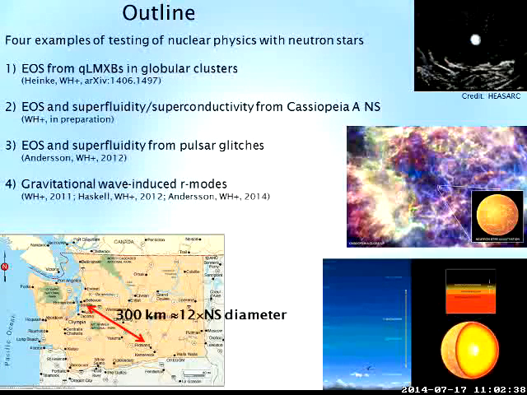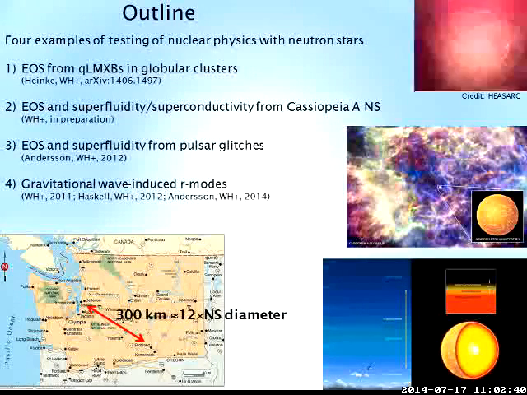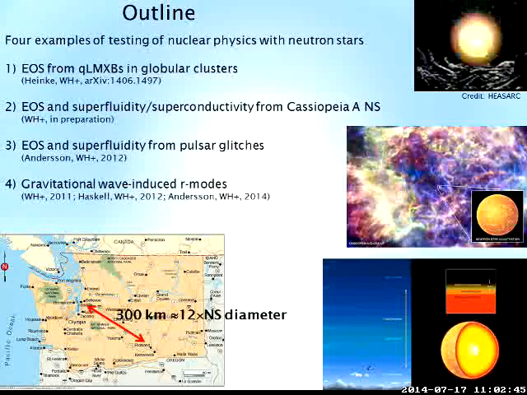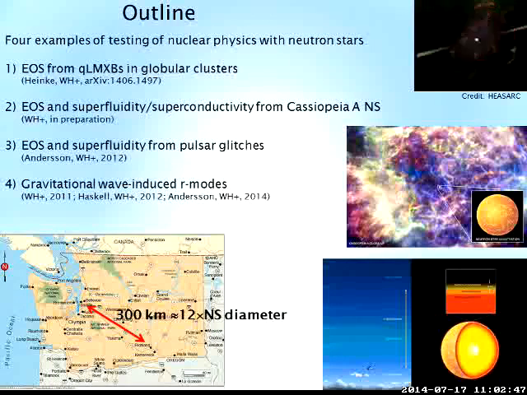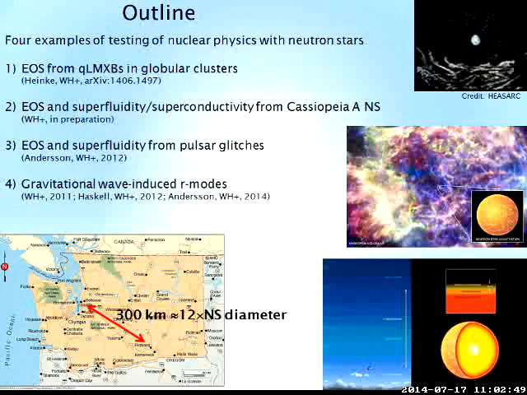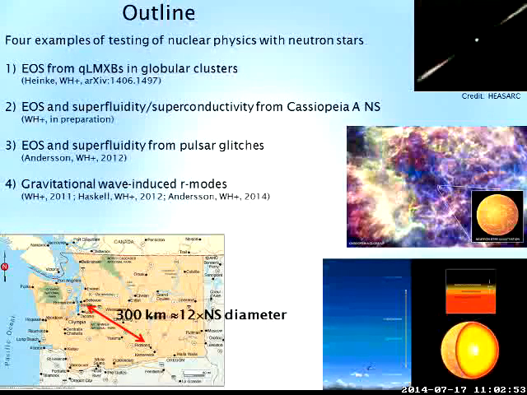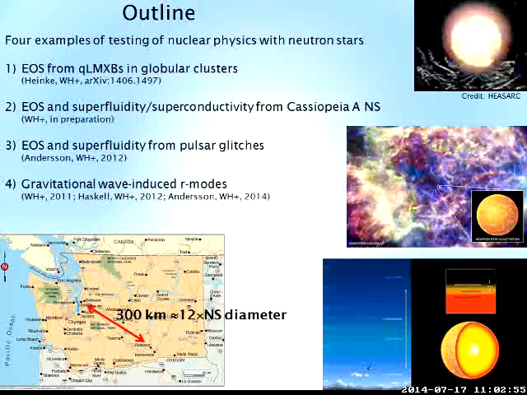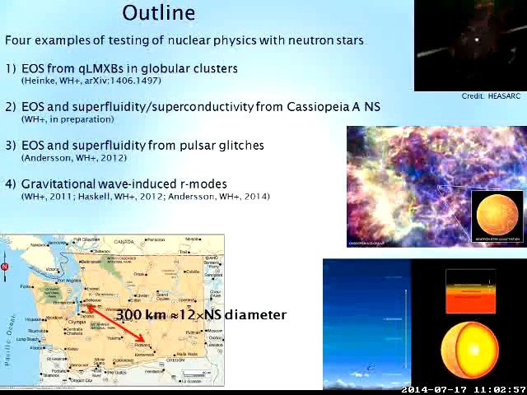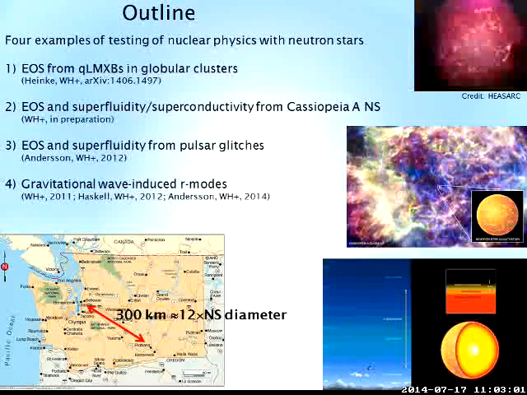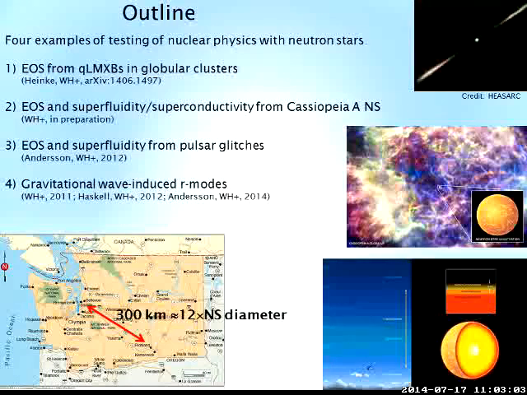For those of you who made the journey on Saturday to LIGO, it's about 300 kilometers, so you traveled across about 12 neutron stars in that distance. And almost as hot. Another way to put it is that you can fit a neutron star well within the Earth's atmosphere.